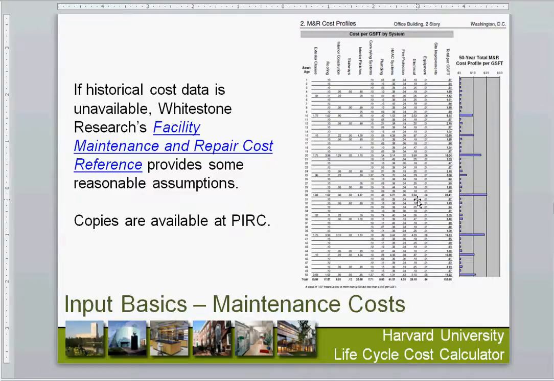driven, it seems, by a lot of electrical work and a couple other things, but these are costs per square foot. And look at these costs per square foot. Most years it might be $1 or so, but on these big years, we're seeing over $20, $19, $10. These are substantial costs.